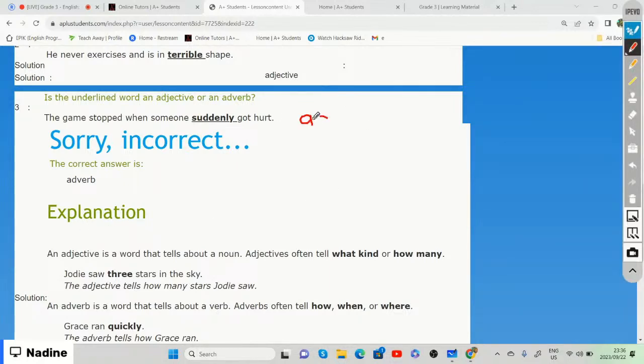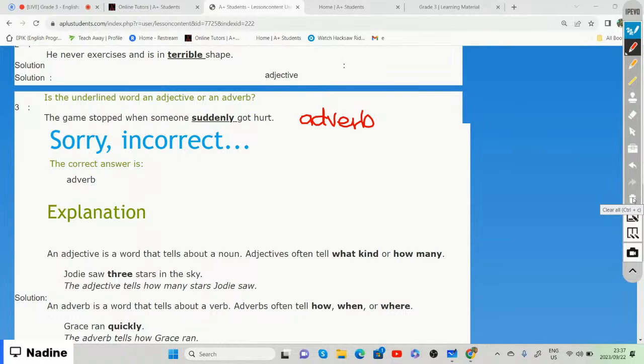So this is an adverb, right? The game stopped when someone suddenly got hurt. So they suddenly got hurt. Getting hurt is an action, right? So suddenly someone got hurt. So this is an adverb. And an adverb tells us about the verb.